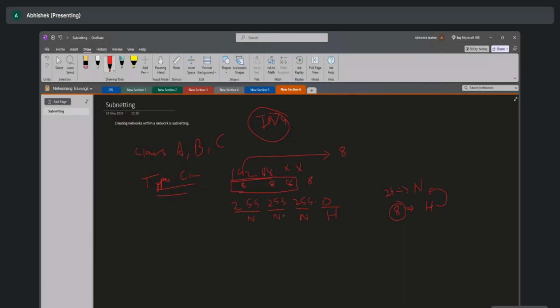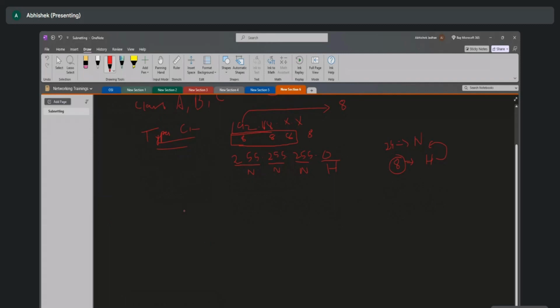So now, how do we actually do subnetting? There are two types of questions in subnetting, the first type and the second type. In any interview or any place, you will only be asked questions of these two types for subnetting.